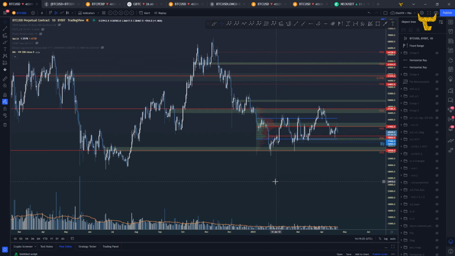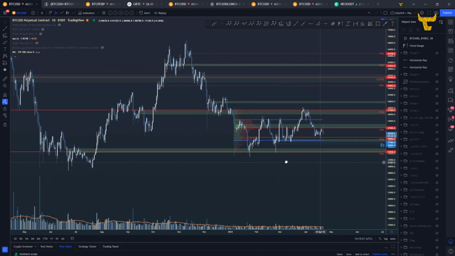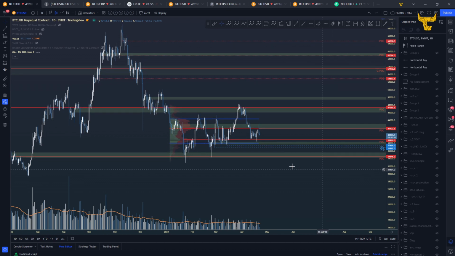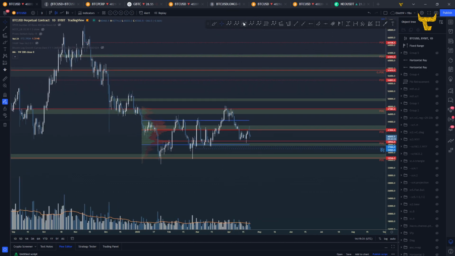What do I expect personally? How things are shaping right now? Well, we're going to zoom in to see what we can count on this. But yeah, I'm expecting this low to not be breached right away, and I'm expecting a nice bounce. But I think this 42k, 43k would remain good resistance, potentially.